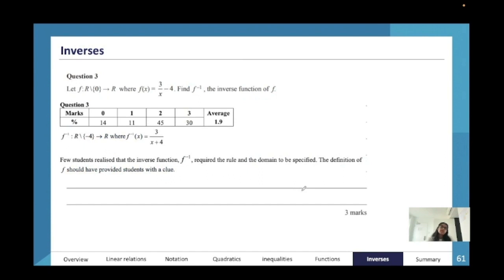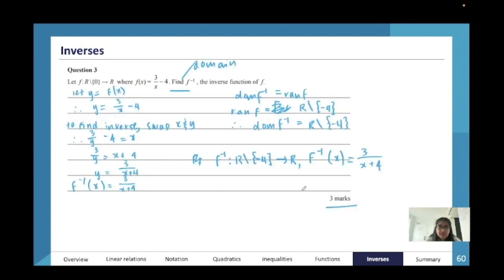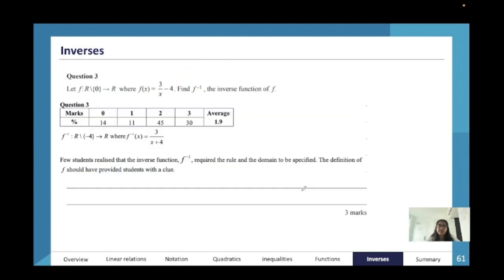I don't have the solution for this, but you can always check out the VCAA website to find who got it right. Actually, here. Only 30% got it right.